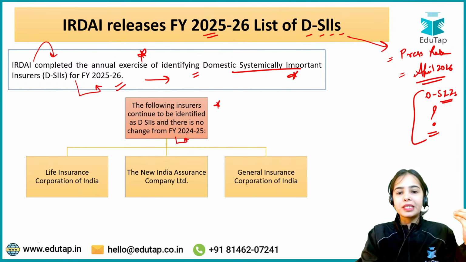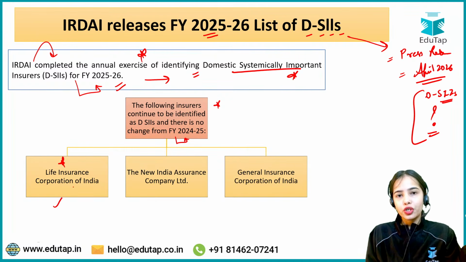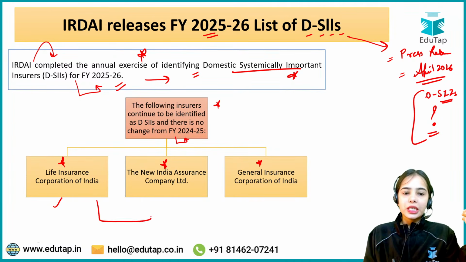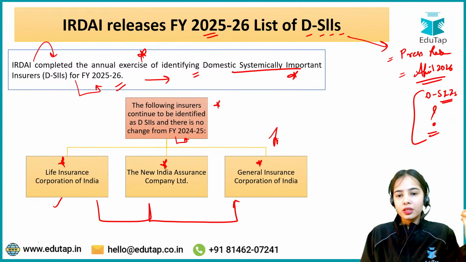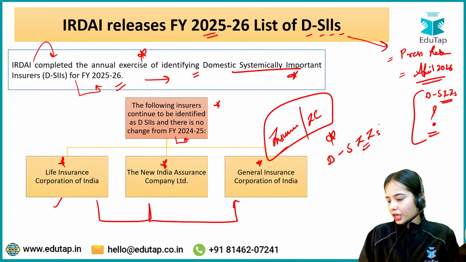These are the Life Insurance Corporation of India, LIC, the New India Assurance Company Limited, and the General Insurance Corporation of India. So these are the three insurance companies that have been identified as the domestic systemically important insurers.